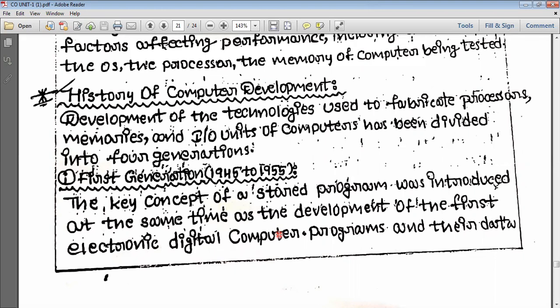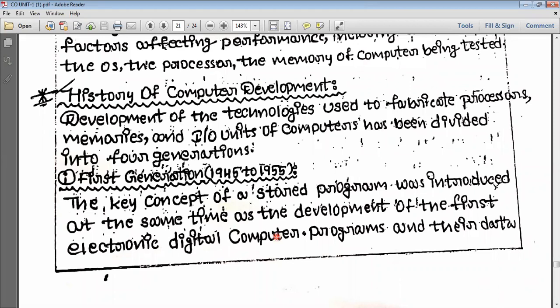Assembly language is used to program in the first generation. Assembly language is used to prepare programs and was translated into machine language for execution.